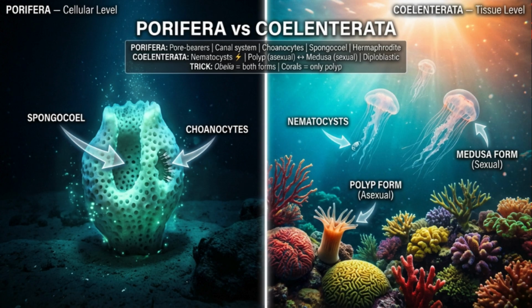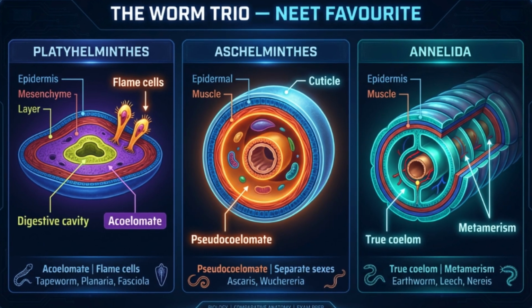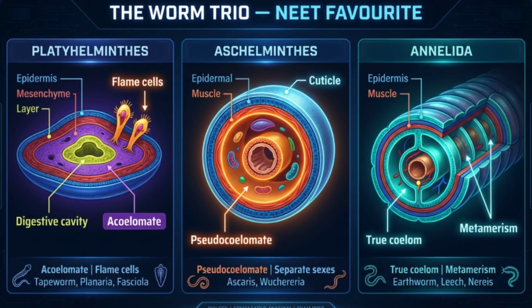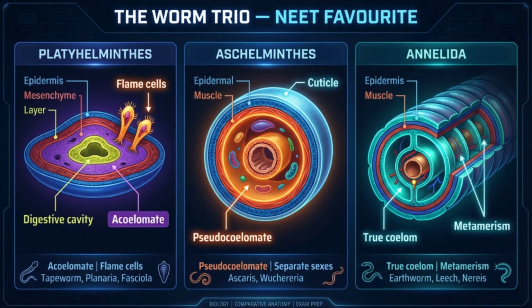These animals show 2 body forms, the sedentary polyp and the free-swimming medusa. Obelia shows both. Corals show only the polyp form. They are diploblastic, ectoderm and endoderm with mesoglea in between. Examples, Hydra, Physalia, Adamsia. 3 worm phyla, 3 separate body plans, and NEET loves asking you to mix them up.